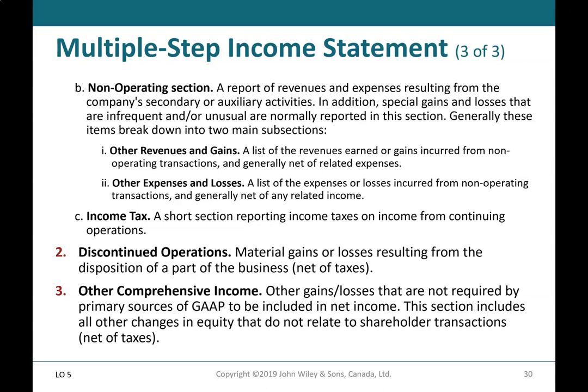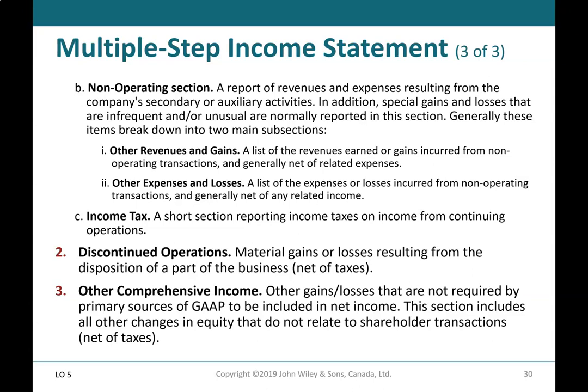A list of the revenues earned or gains incurred from non-operating transactions, generally net of related expenses. 2. Other expenses and losses. A list of the expenses or losses incurred from non-operating transactions, generally net of any related income. C. Income tax. A short section reporting income taxes on income from continuing operations.